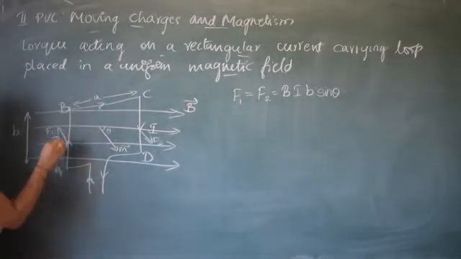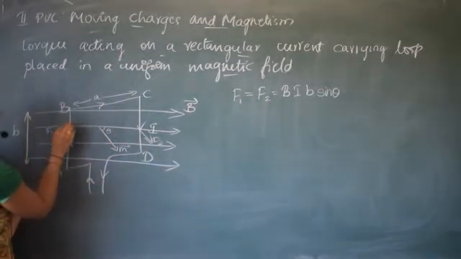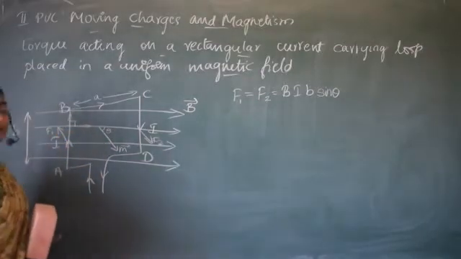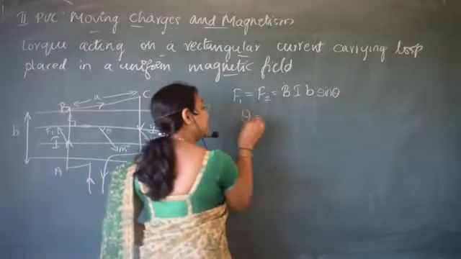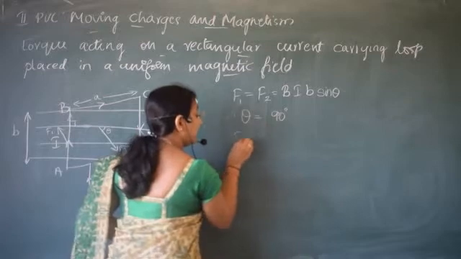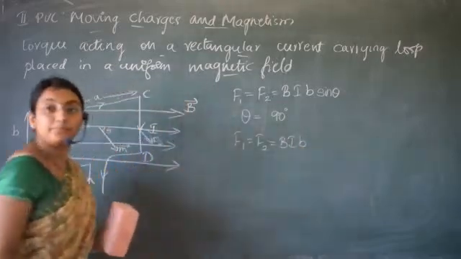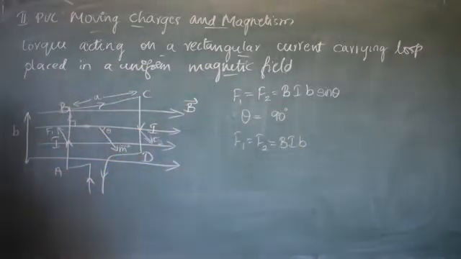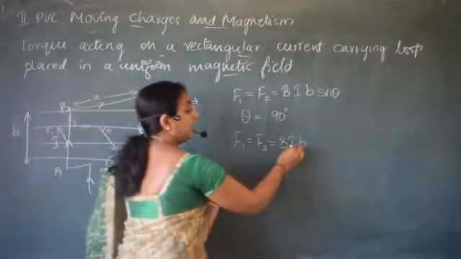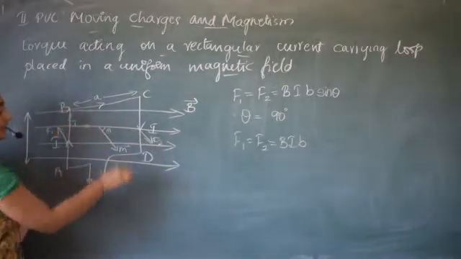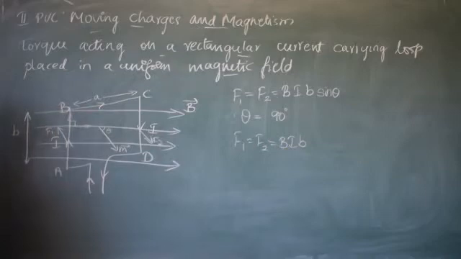Theta is the angle between I and B. The angle between them is 90 degrees. So since theta is equal to 90 degrees, F1 is equal to F2 is equal to B I b. They are equal and opposite. Why is theta equal to 90? Because the angle between the current and the magnetic field is 90 degrees. Hence F1 is equal to F2 is equal to B I b.